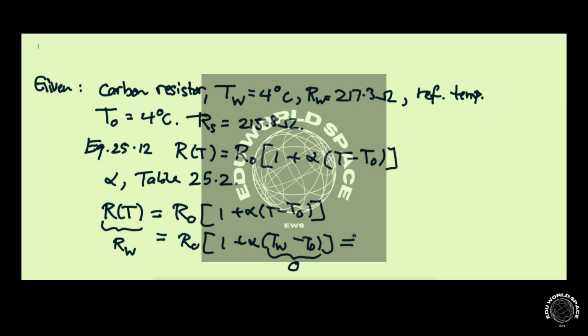That tells us that the reference resistance is equal to RW, which is already given to us as 217.3 ohms. Now we have all the pieces necessary to find the temperature TS that corresponds to RS. Let's do that on the next page.